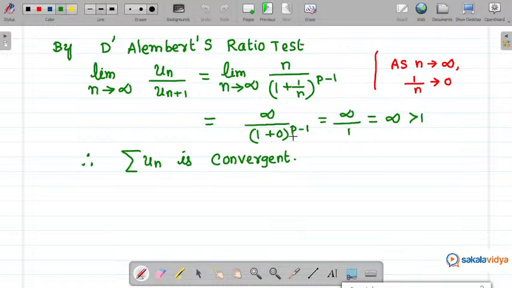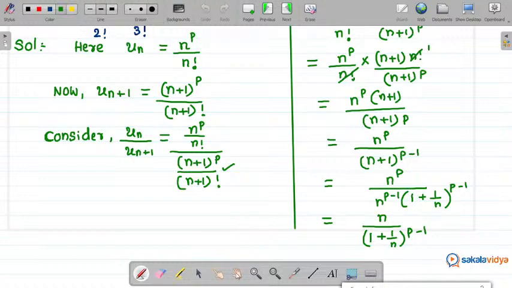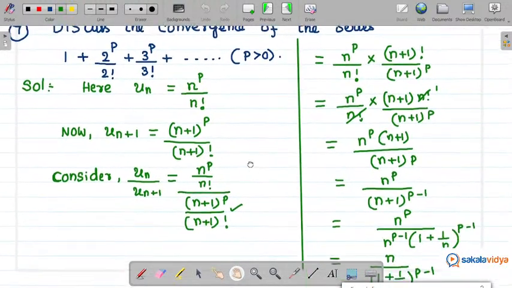Infinity by 1 plus 0 whole to the power of p minus 1, 1 to the power of p minus 1 is 1. p is positive, p minus 1 is also obviously positive. So, we get infinity by 1, that is positive infinity, which is greater than 1. So, sigma un is convergent. If it was less than 1, then we would say that it is divergent, but absolutely it is convergent itself only, right. This is the question number 7.